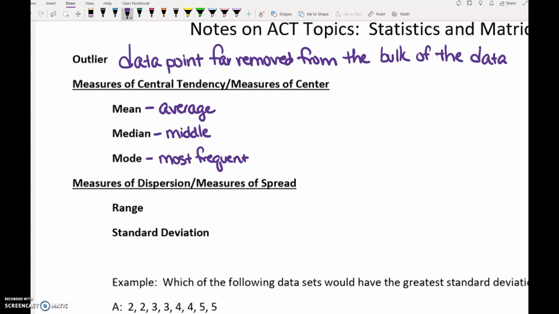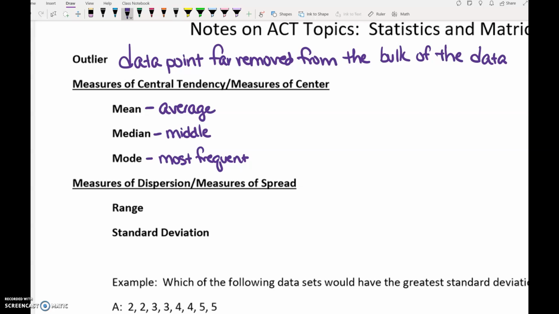Those three are called measures of central tendency. They're measures of the center of the data. Now, if you remove an outlier, if the outlier was bigger than the data, it would shift those measures of center lower because you're taking a big number out. If the outlier is smaller than the rest of the data and you remove it, it would shift those measures of center up.